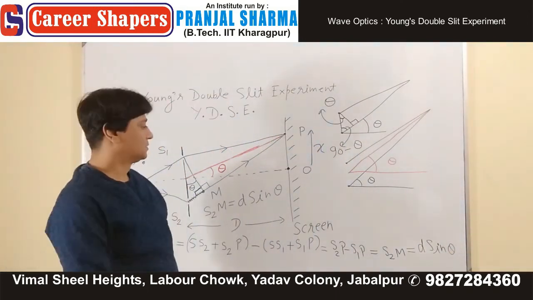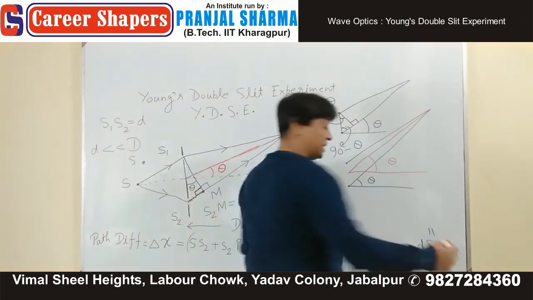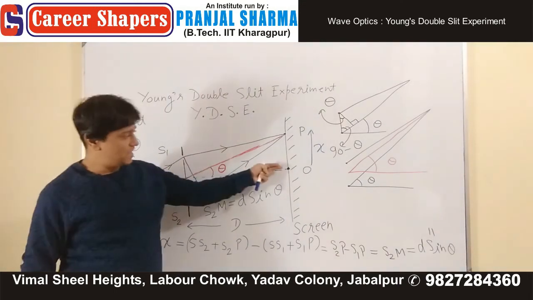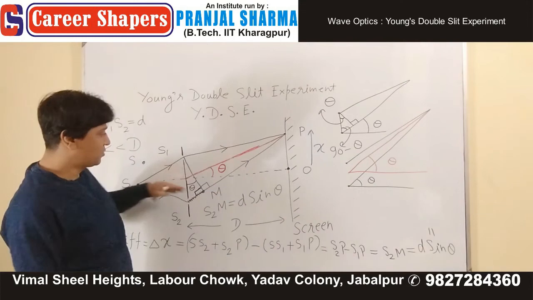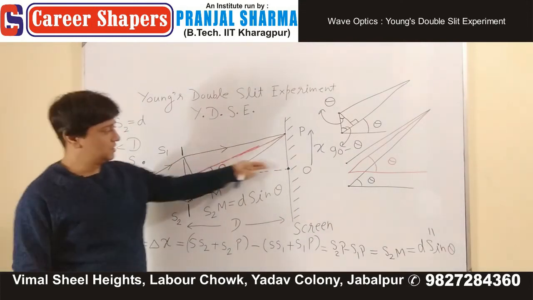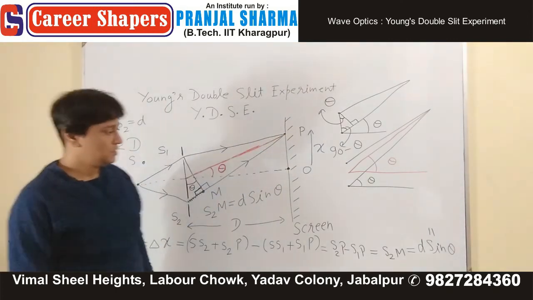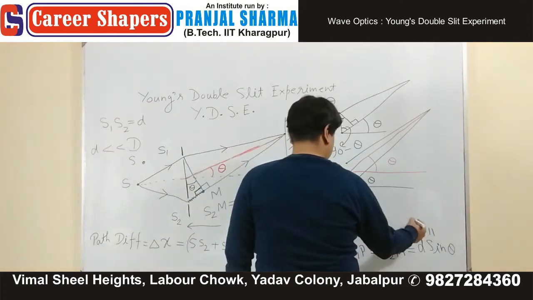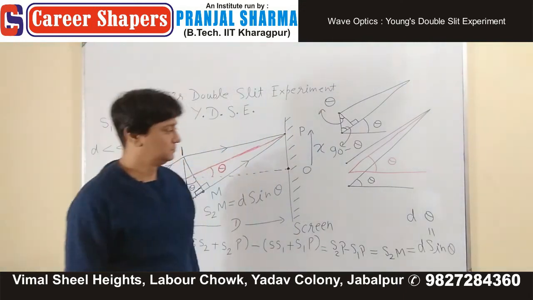Now, if theta is very small, which it is, it's not this large. Just so that you can see everything, we have drawn these large values of theta, but theta is close to this point O. If theta is small, then sine theta can be approximated with theta.